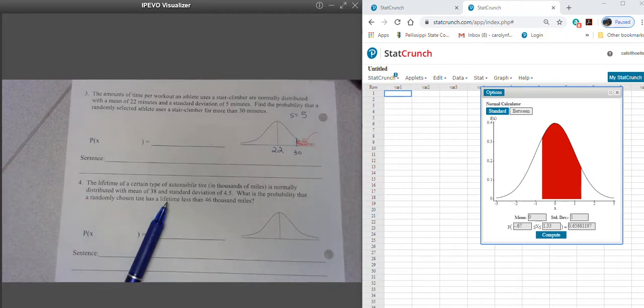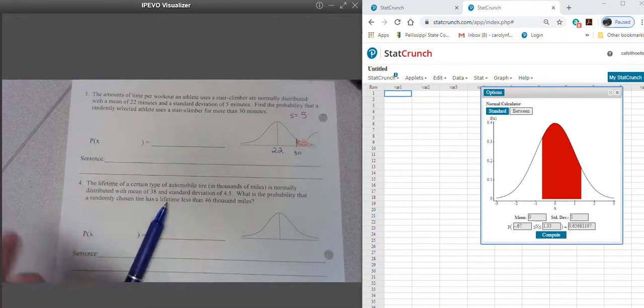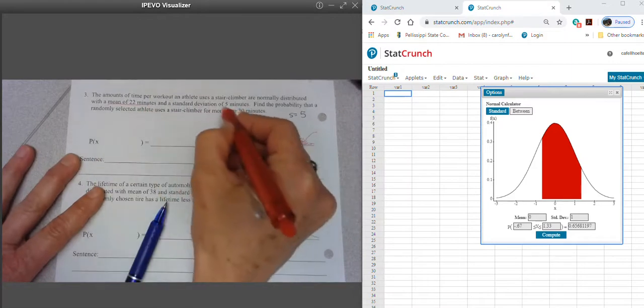This time, we are not going to take the intermediate step that we did before, where we took the X values, our actual data values, and converted them to z-scores first. StatCrunch will let us just go straight in and use the mean that's given. We were told that the mean is 22 and the standard deviation is 5.